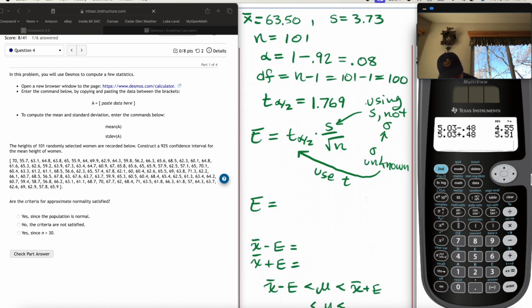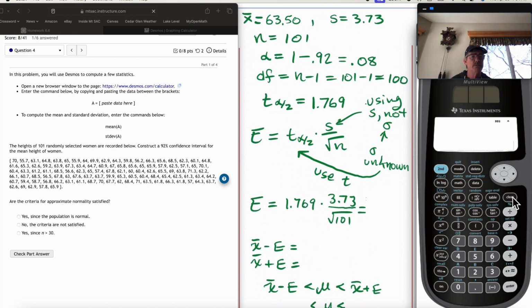The t alpha over 2 was 1.769 times s, which we did up above, 3.73, over the square root of our sample size, which was 101. Okay, so here goes on the calculator.